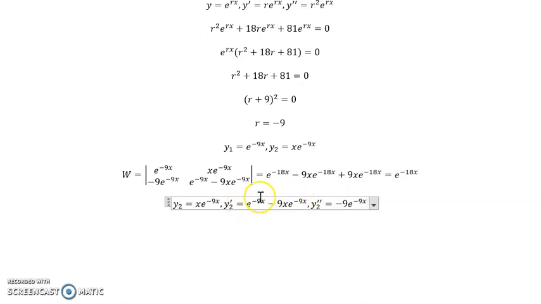So that's the derivative of this term. And then the derivative of this term is going to need our product rule again. So negative 9 times the derivative of x, which is 1, e to the negative 9x. And then we just keep the x, but the derivative of e to the negative 9x is going to give me another negative 9 x e to the negative 9x.